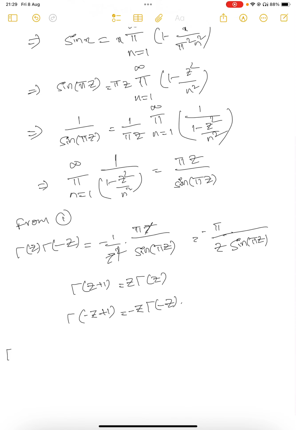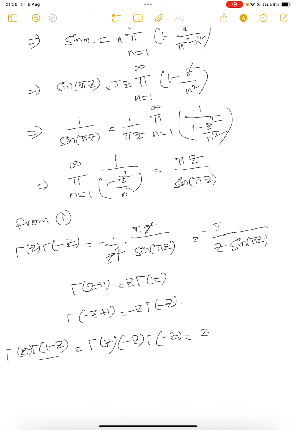So our reflection formula, gamma of z into gamma of 1 minus z, where gamma of 1 minus z is minus z into gamma of minus z, so gamma of z into gamma of 1 minus z is minus z into gamma of z into gamma of minus z.